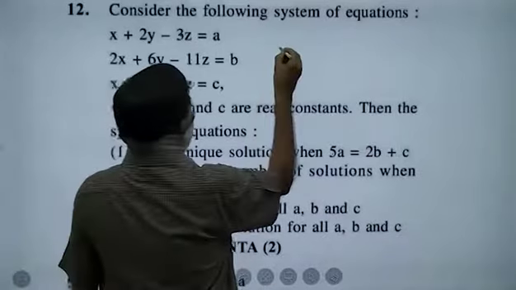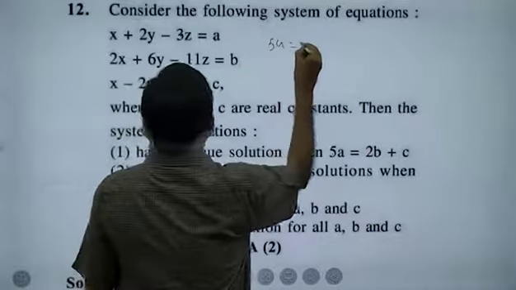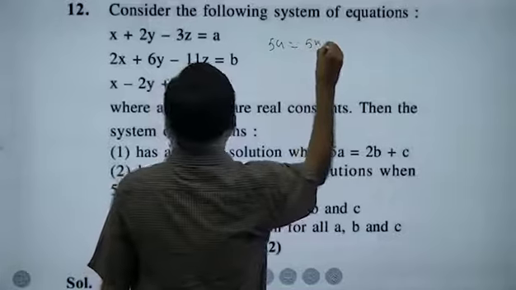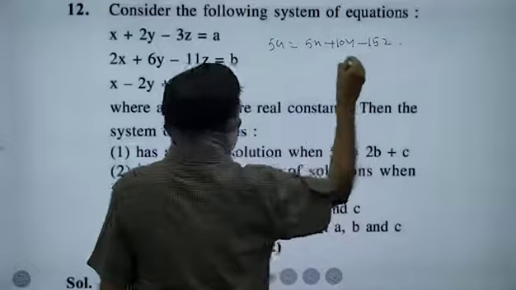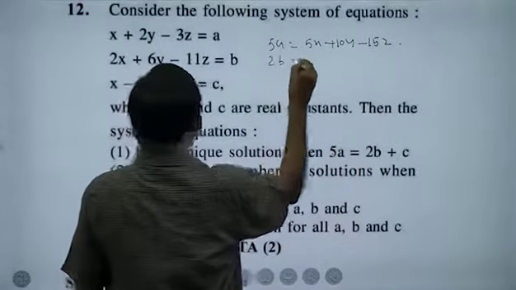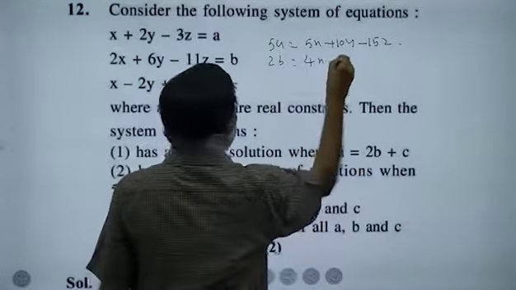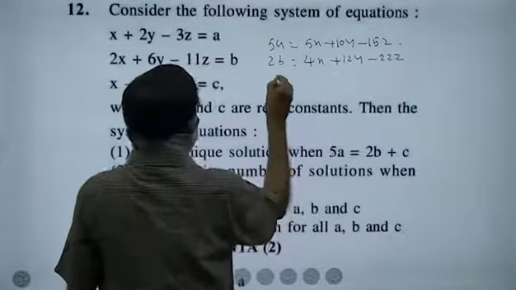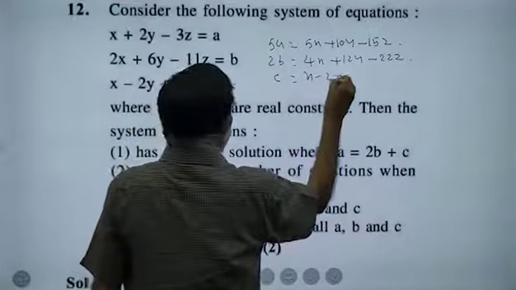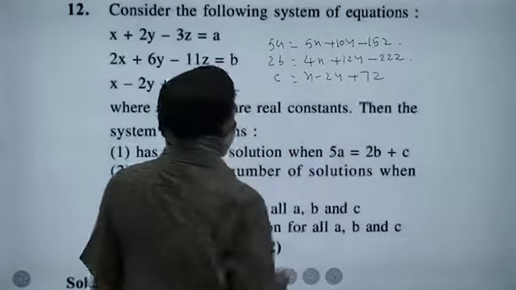So what is 5a? 5a is equal to 5x plus 10y minus 15z. 2b is equal to what? 4x plus 12y minus 22z. C is equal to x minus 2y plus 7z.